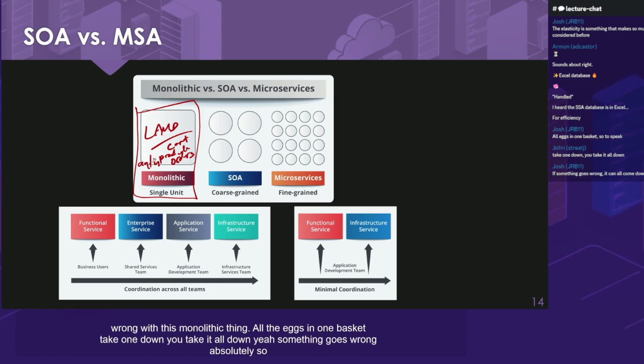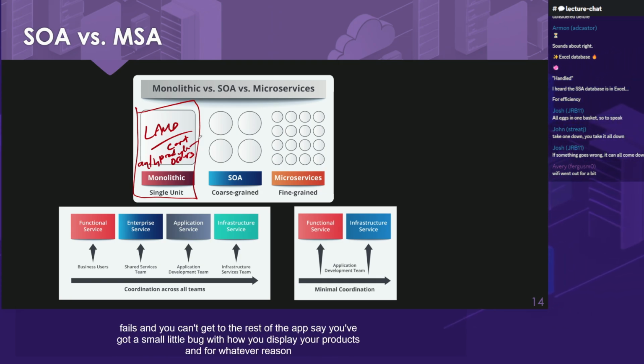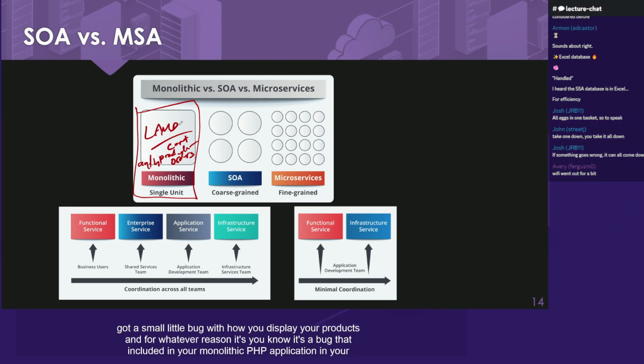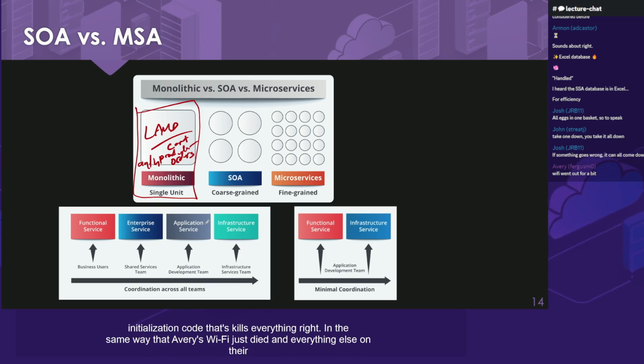So obviously if auth fails, then you can't get to the rest of the app. But say you've got a small little bug with how you display your products, and for whatever reason, it's a bug that's included in your monolithic PHP application, in your initialization code, and it just kills everything there, right? In the same way that Avery's Wi-Fi just died and everything else on their computer broke in that monolithic system.